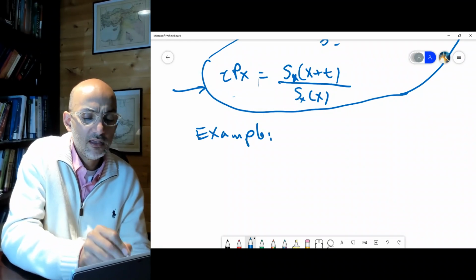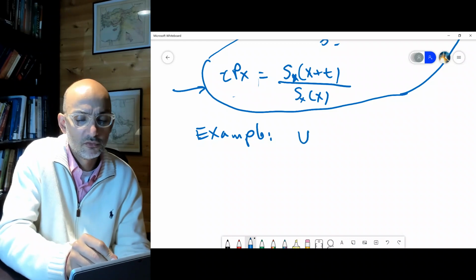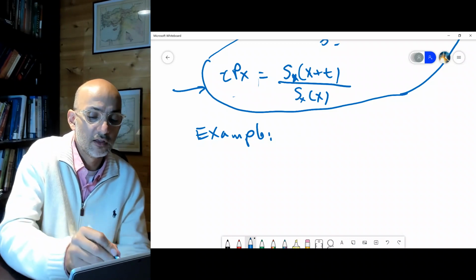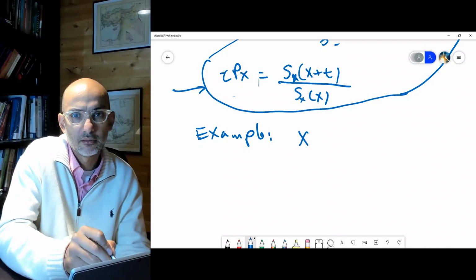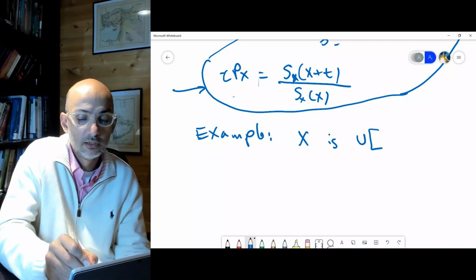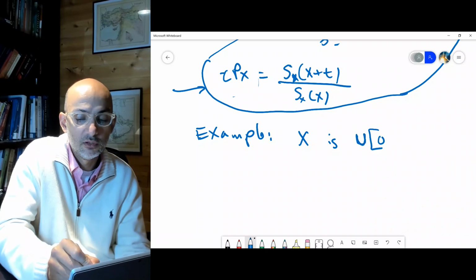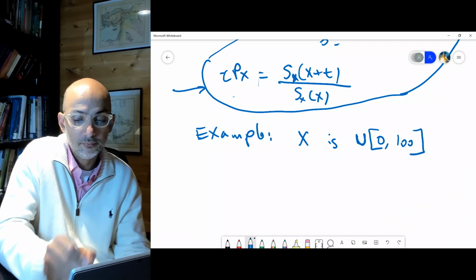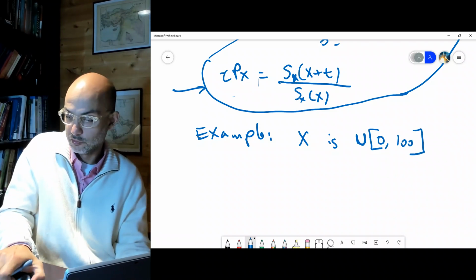Let's start with the very easy one. The uniform, or let's say the complete lifetime, the random variable of age at death, X is uniform between 0 and 100. This is the typical story we have here.